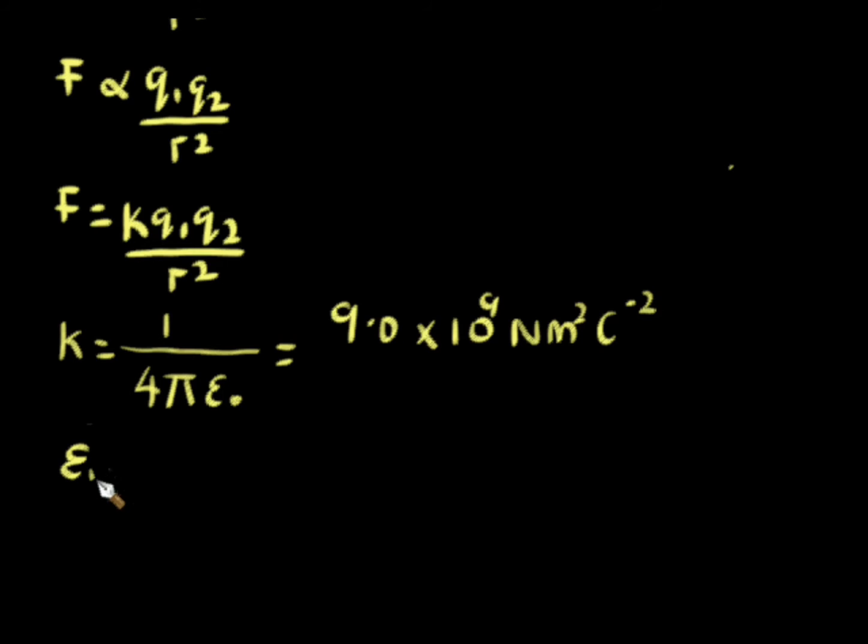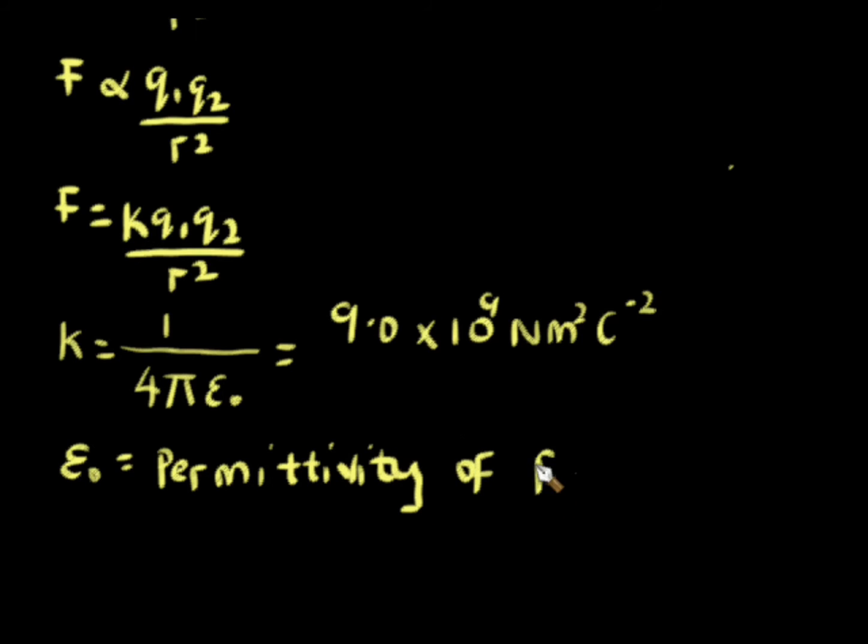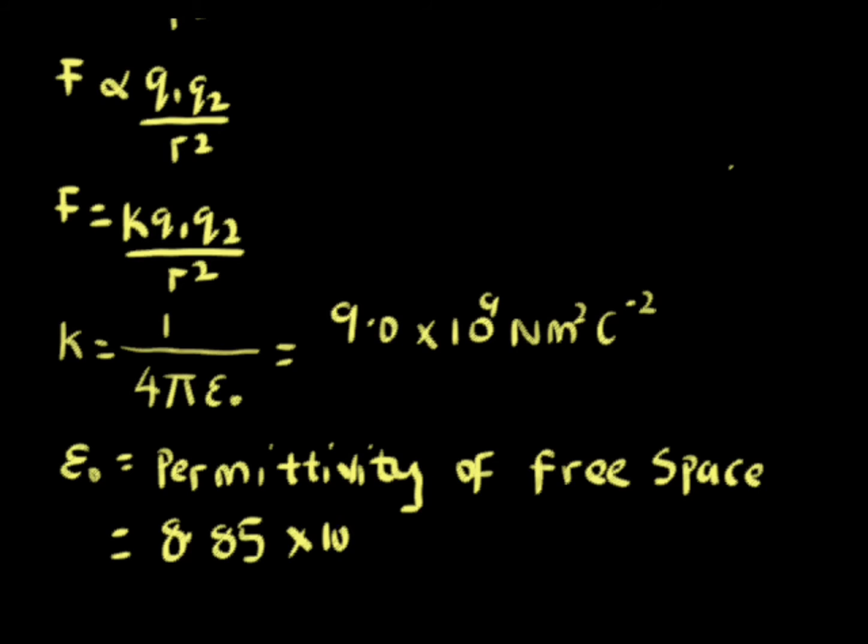Epsilon naught stands for permittivity of free space. That is what epsilon naught will be, and epsilon naught is given a value of 8.85 times 10 raised to power minus 12.